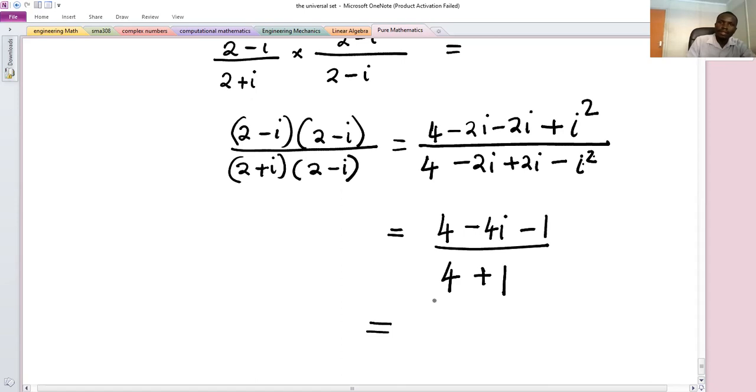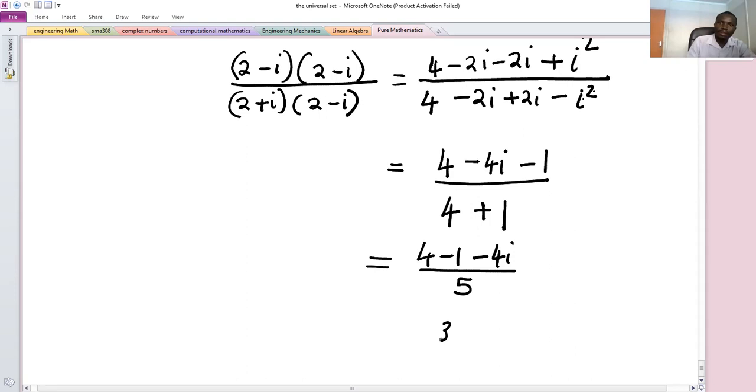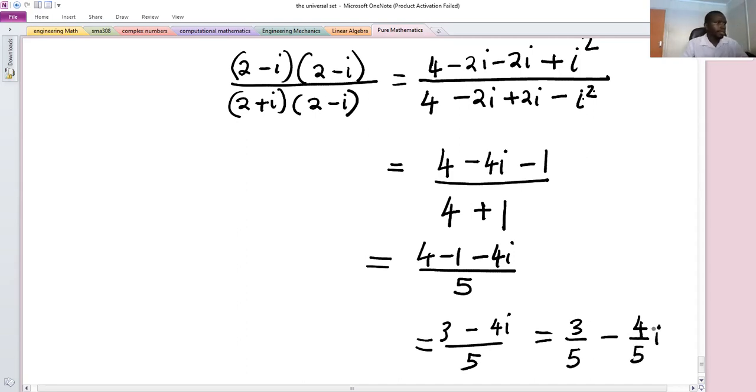So this will give us 4 minus 1 minus 4i divided by 5. 4 minus 1 is 3, minus 4i over 5, which will be the same as 3 over 5 minus 4 over 5 i. So that will be the solution.